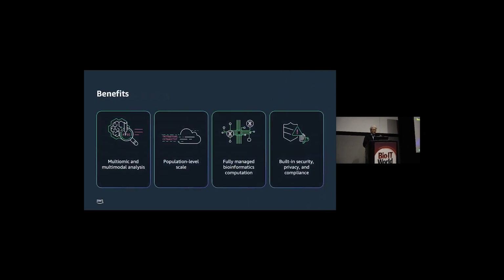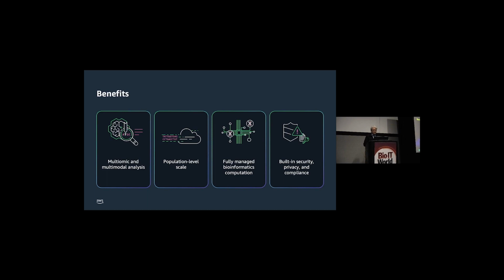So overall, we have a core set of benefits. You can use omics to generate multi-omic and multimodal analyses, so you can securely combine genomic data from individuals with, say, their medical history to offer more personalized care.